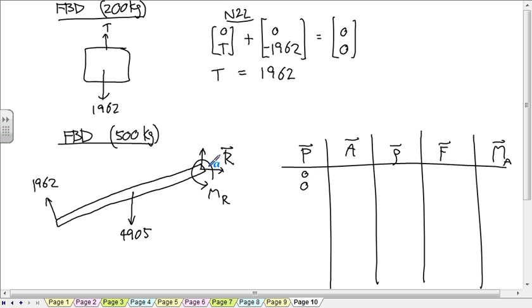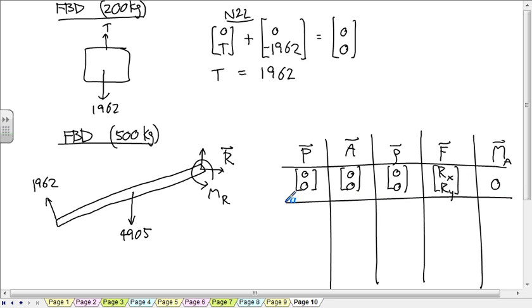So first, that force R is at the origin. The about point is at the origin, so there's no row vector. The force is Rx, Ry, and there's no moment. Then there's the reaction couple, MR. None of the other categories matter for that couple.